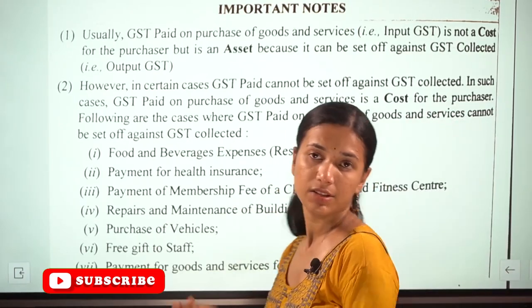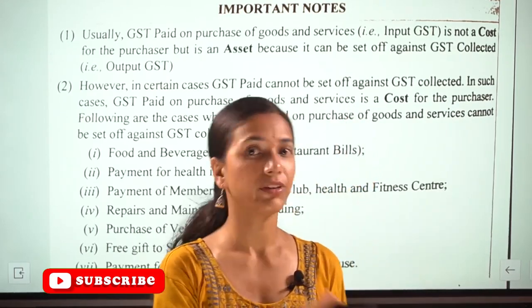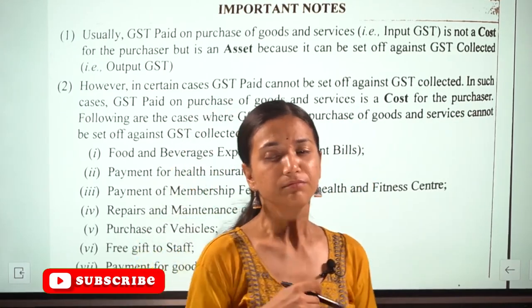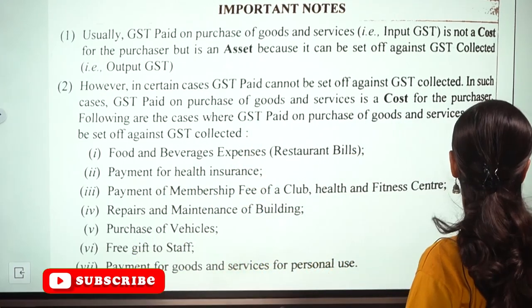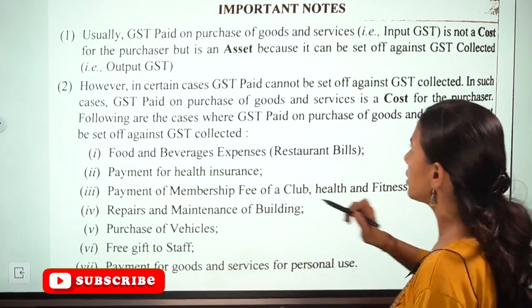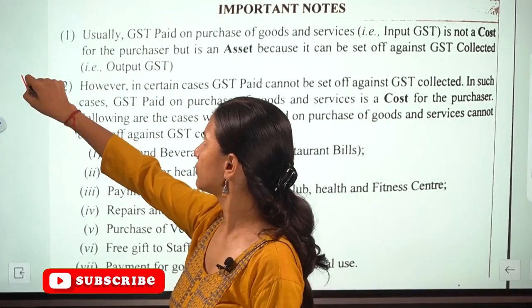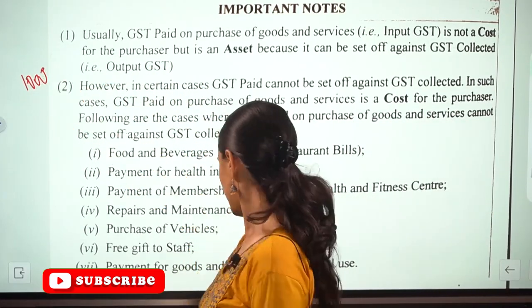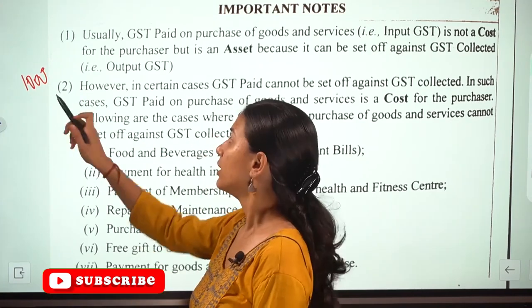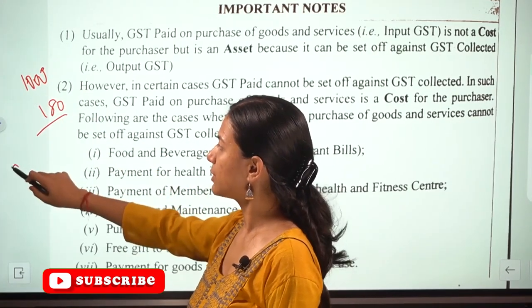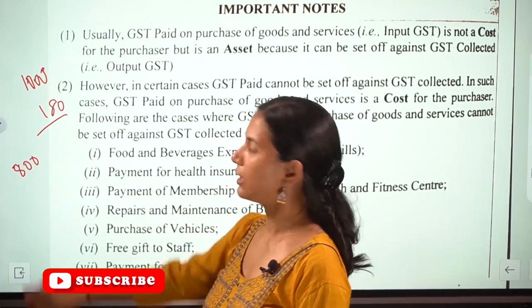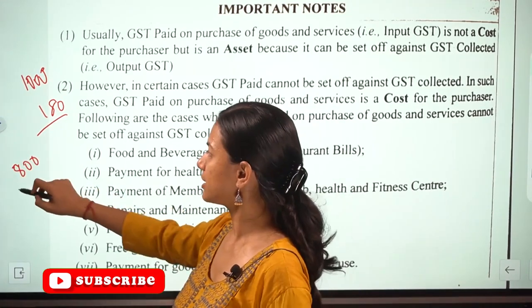So in certain cases, if there is profit then it's good. If there is a loss, let's say you have bought goods for 1000 rupees and GST has been charged at 18%, so 180 is your GST. Again, this 1000 rupees product you are selling at 800. Now GST of 18% is there.